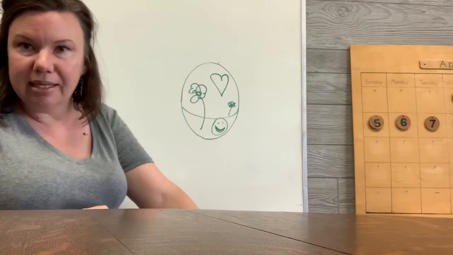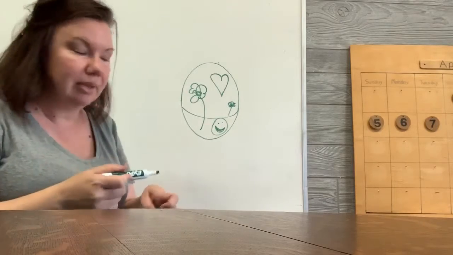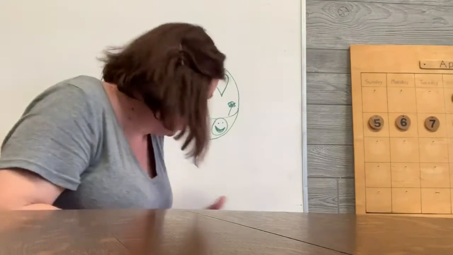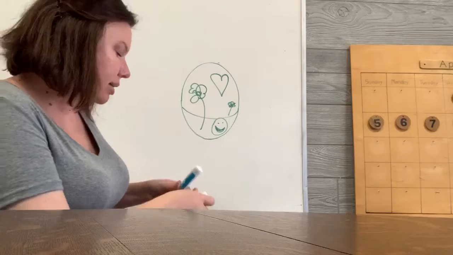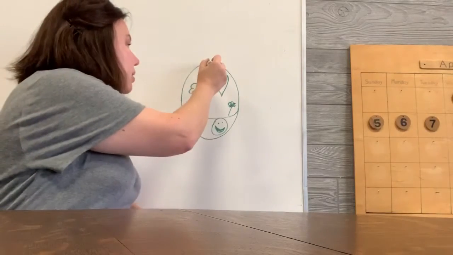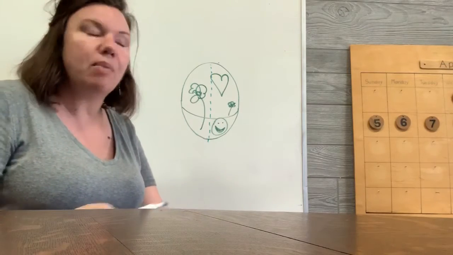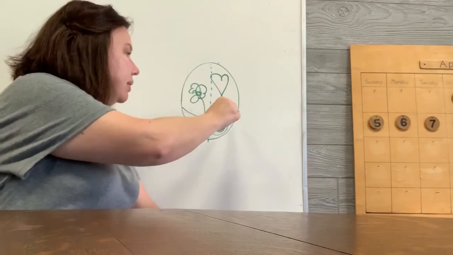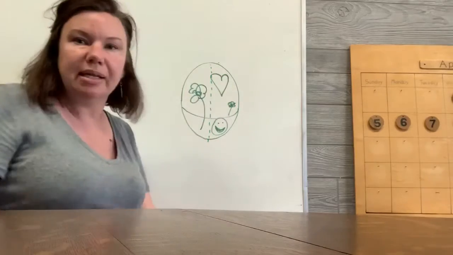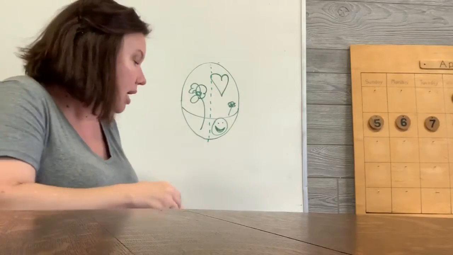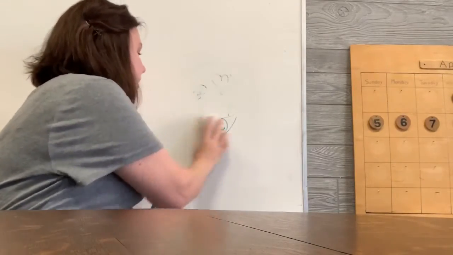Is this design symmetrical? It is not, because if we look at our line of symmetry, it's not the same on both sides. This side has a big flower, this side has a little flower and a smiley face and a heart. It's not the same.